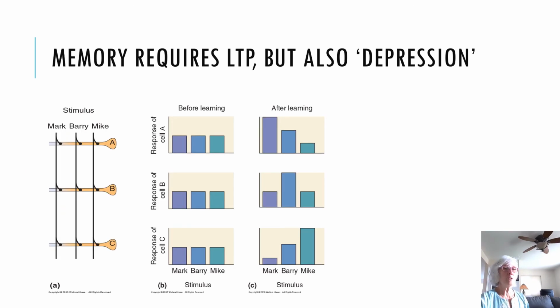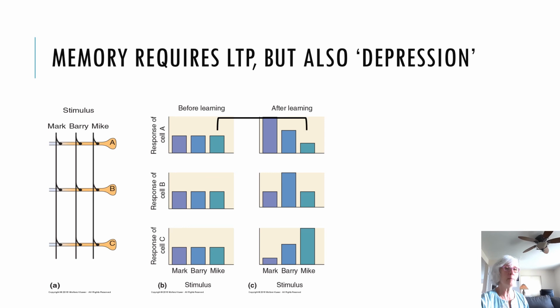So while Hebb was referring to long-term potentiation, the strengthening of these connections to help us maintain memories, I've told you that because our memories are stored in patterns, we also have something that's called depression.